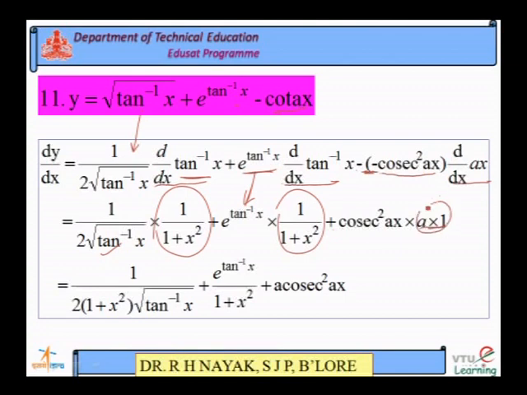Differentiation of ax is a into 1. Then it is 1 by 2 into 1 plus x square, I have taken first, then root of tan inverse x, plus this is combined e power tan inverse x into 1, e power tan inverse x divided by 1 plus x square, plus a into 1, a is constant, it is taken first, a into cosecant square ax.